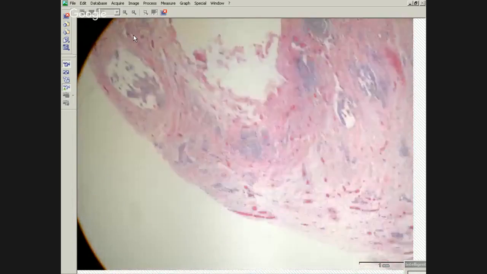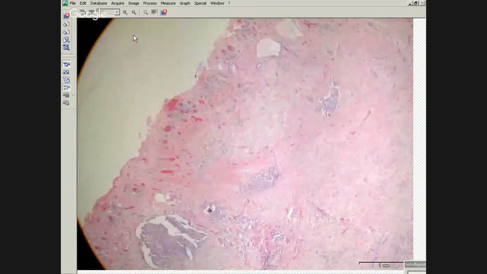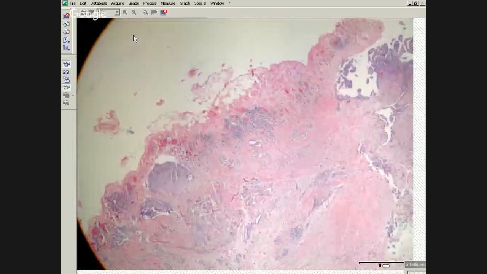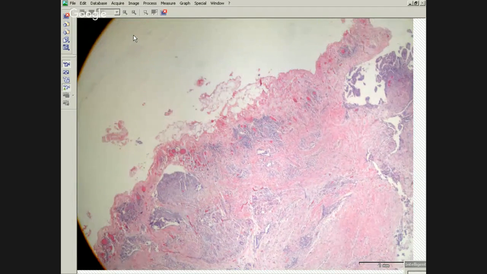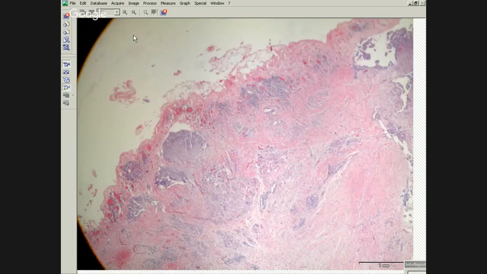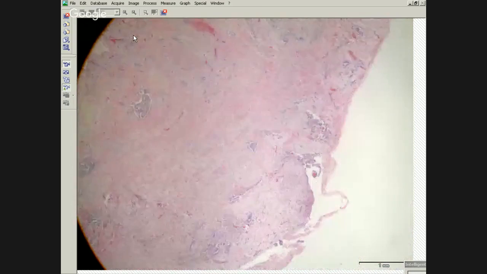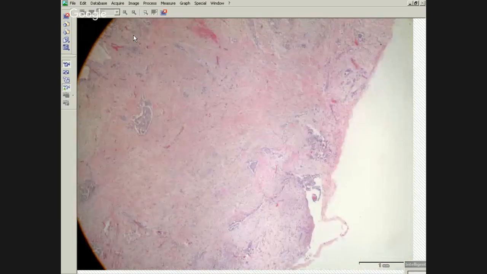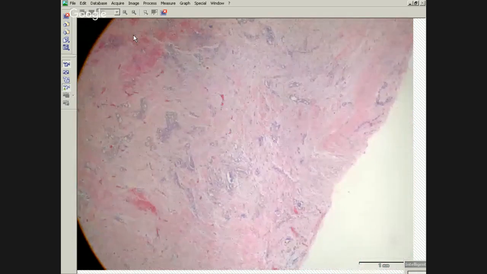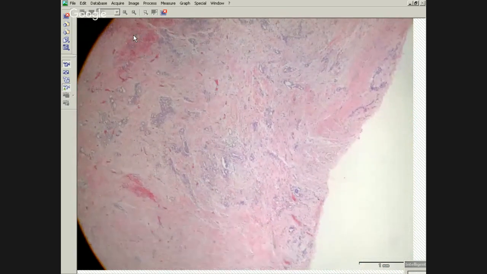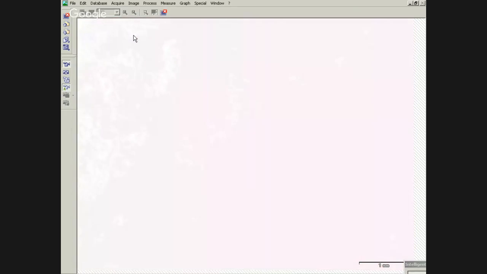This one's not oriented super well, but you can see the chest wall adipose tissue on one side, and then the pleural tissue above it. Normally you should have only one layer of mesothelial cells and a thin layer of connective tissue. This is way too thick, and we have cells infiltrating the full thickness of the pleura.